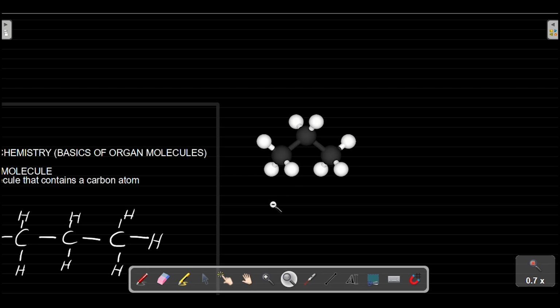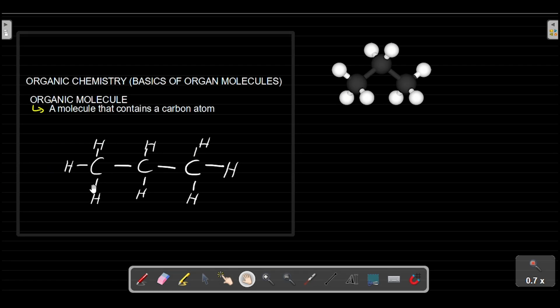So if we go back to this structure over here, we have the first carbon atom with 3 hydrogens on it, 1, 2, 3. The second carbon has 2 hydrogens on it, 1, 2, and it's bonded to the other carbon atoms, and the last carbon atom has 3 hydrogen atoms on it.